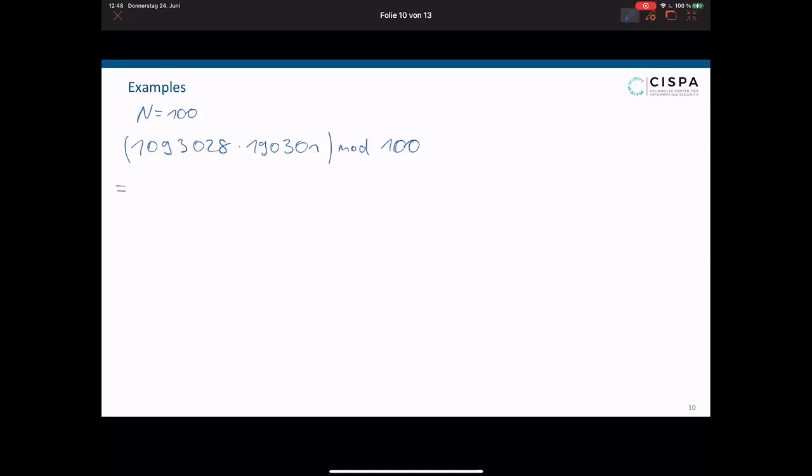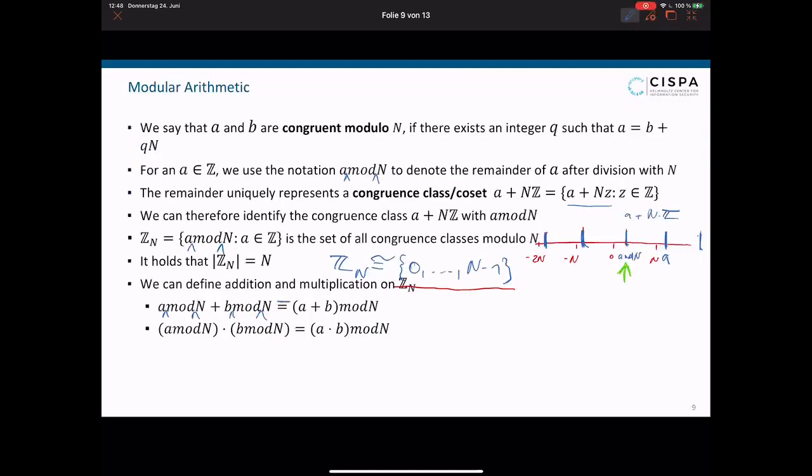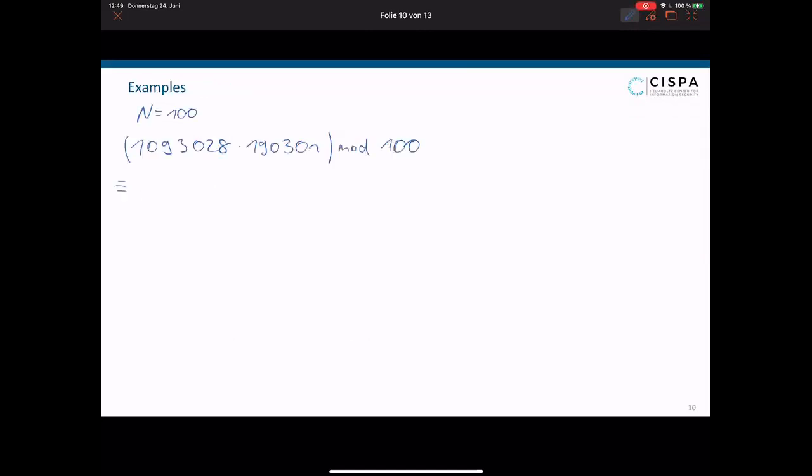This is congruent, as a residue class or as a congruence class. It's not equal, but congruent to. Good. So this is the same as 1,093,028 modulo 100 times 190,301 modulo 100.